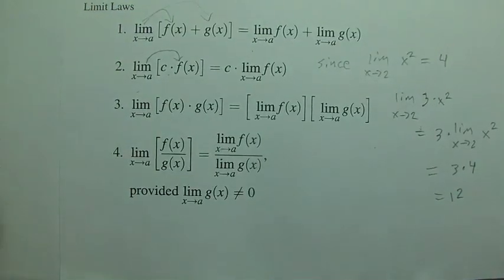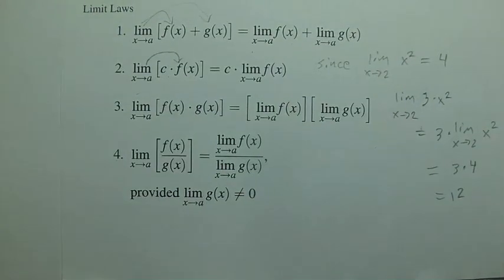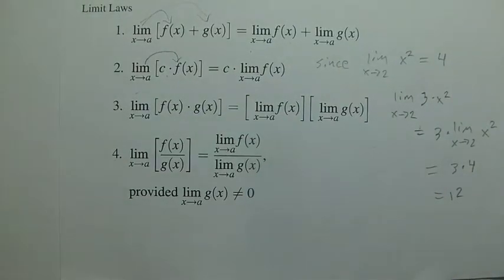So that constant doesn't really affect what's going on with the x's. It doesn't cause any trouble. No matter what number we get, we multiply by that 3.